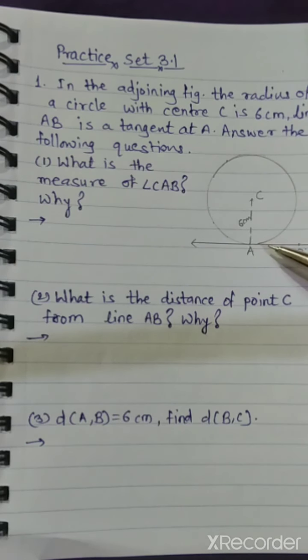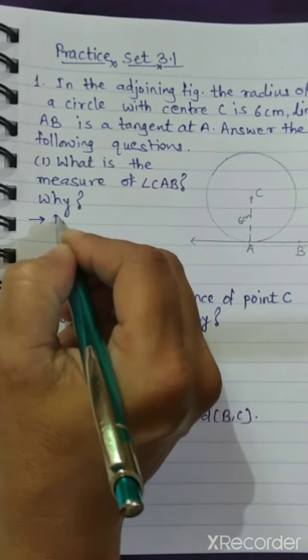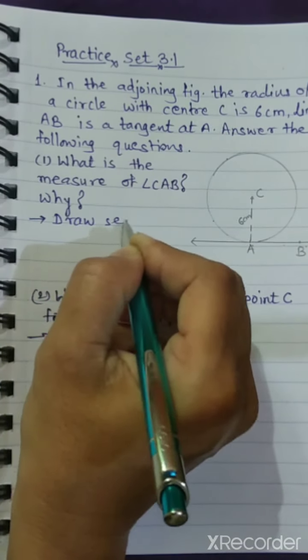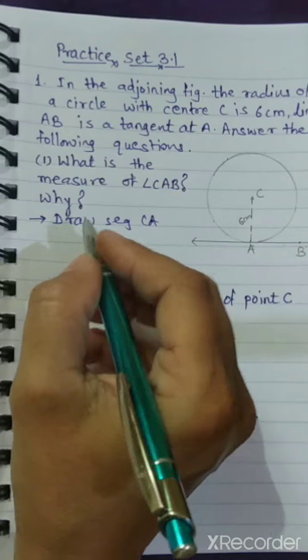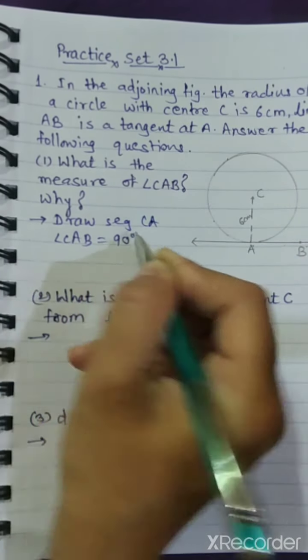Students, we have studied the tangent theorem, that is, tangent is perpendicular to radius. From that, here this CA is not given, we have drawn it. So here I am writing, draw segment CA and angle CAB is equal to 90 degree.